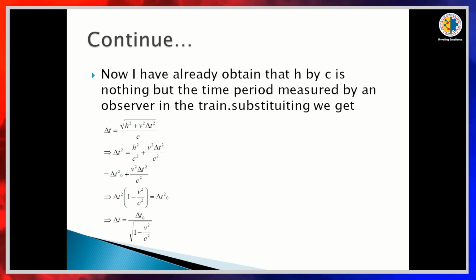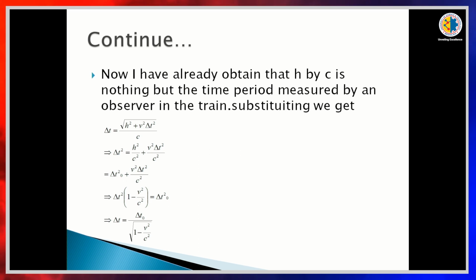Simplifying, taking delta t square common, delta t square into 1 minus v square by c square is equal to delta t naught square. Taking the square root, we get delta t is equal to delta t naught divided by root over 1 minus v square by c square.